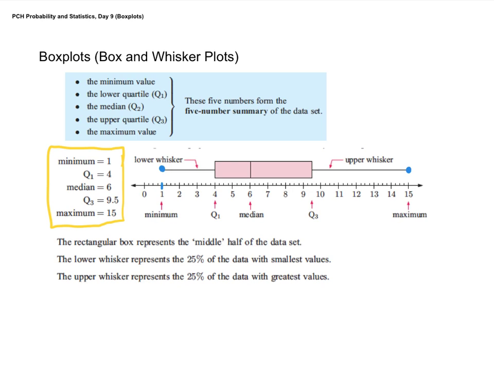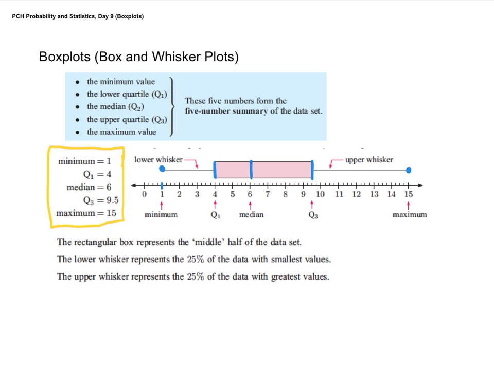Alright, then we have Q1 is 4, so I'm going to come here to 4 and I'm going to draw a vertical line. My median is 6, so I'm going to come to 6 and draw a vertical line there. And then my Q3, my third quartile, is 9.5, so I'm going to come here to 9.5 and draw a vertical line there.